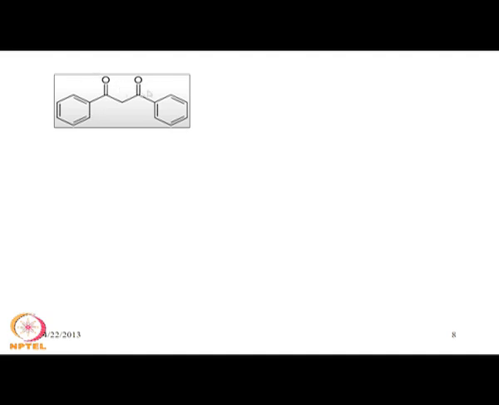So, like that of our acetylacetone, if we have the substitution of the acetyl group by a phenyl ring, in this particular case we will see that acetylacetone can be moved from one particular point to the other, where we have a more rigid structure, a more rigid backbone, which is known as benzoyl acetone.